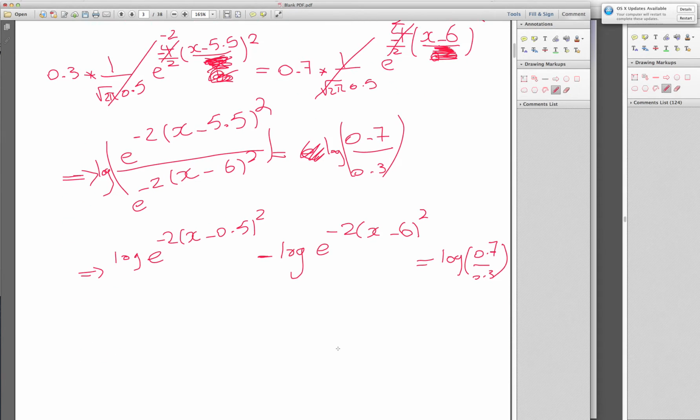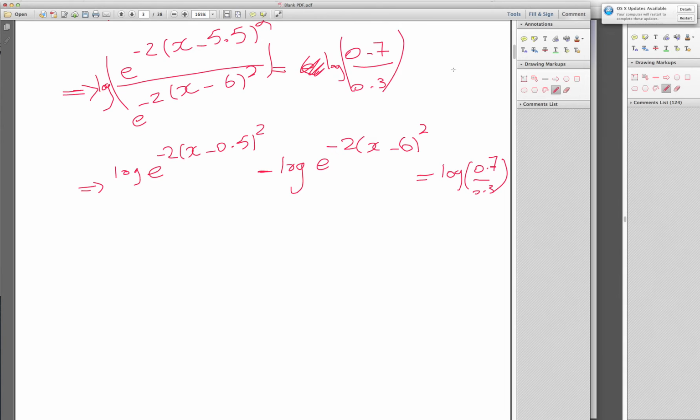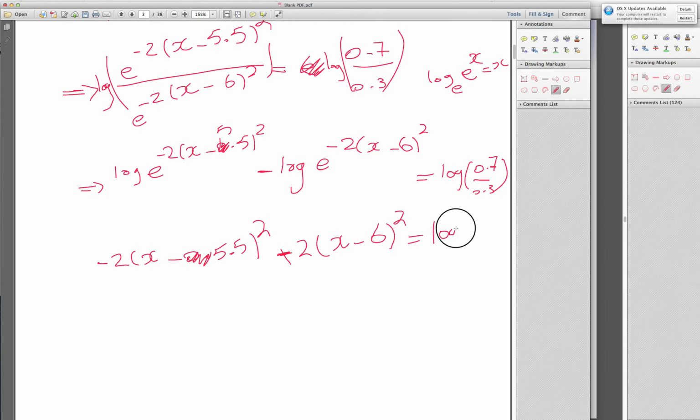And another thing we should know is natural log, so log of e to anything is just that power. So we can just write it as that. So negative 2 x minus 0.5. Oh, it's 5.5. I'm sorry, that's my mistake. This is 5.5. So that is minus 5.5 squared. Minus minus is plus 2 x minus 6 squared is log of 0.7 divided by 0.3.